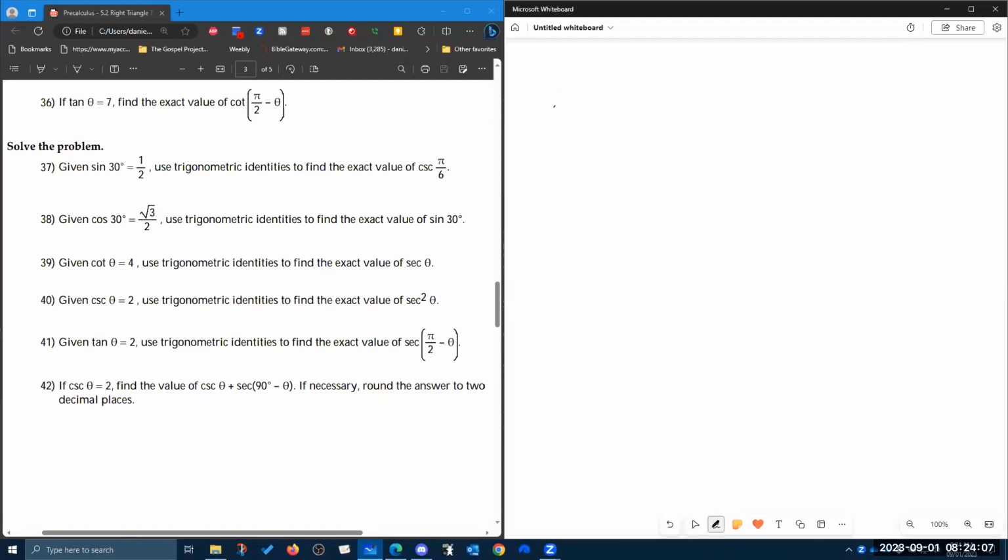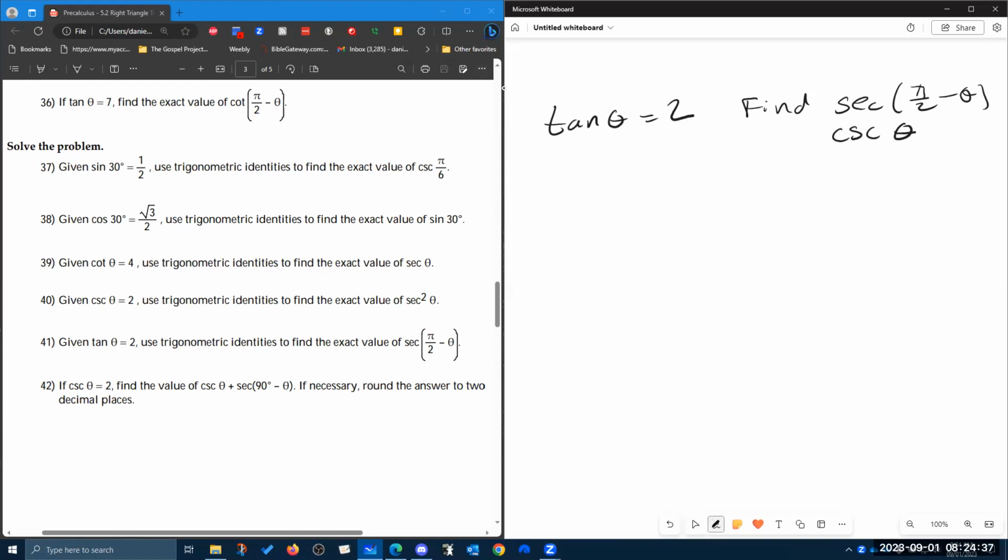Now, given tangent of theta is equal to 2, find the exact value of secant of pi over 2 minus theta. So we're actually going to find cosecant of theta is what we want because this is a co-function identity. So complementary angle and co-function here.